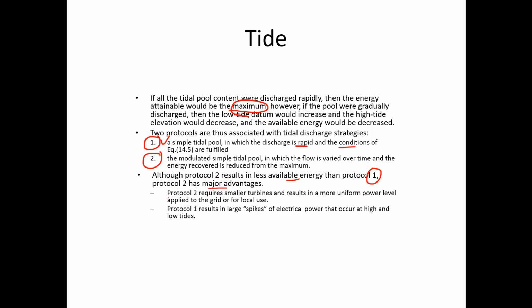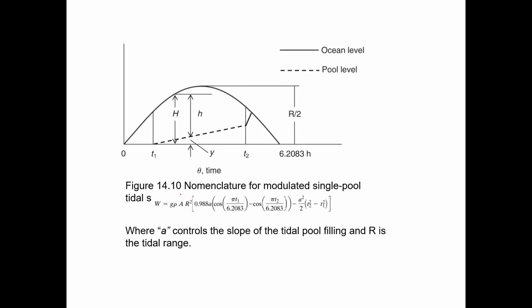So basically, protocol 2 allows for more consistent power extraction, even though it is at a lower numerical value. Here you have the equation that is used to quantify the amount of energy you can get from a modulated protocol approach.